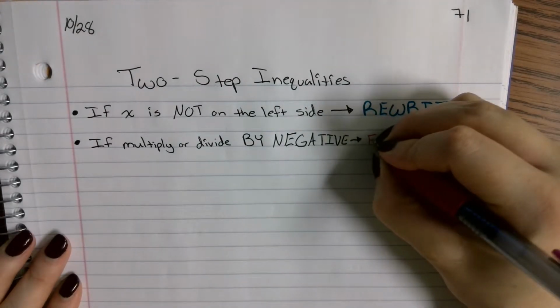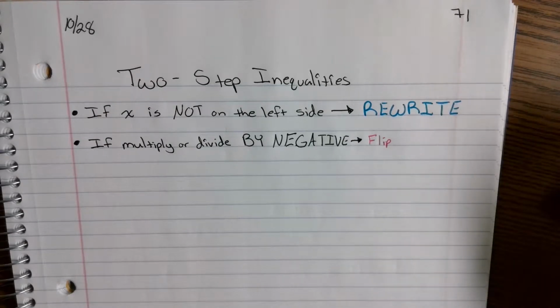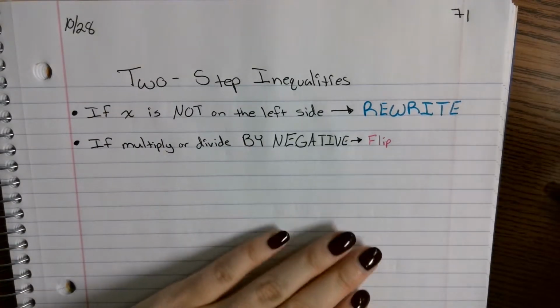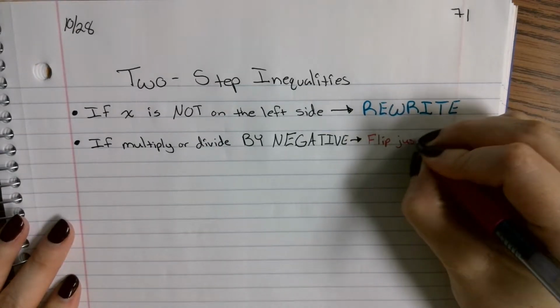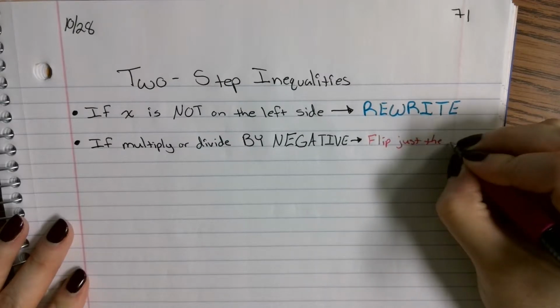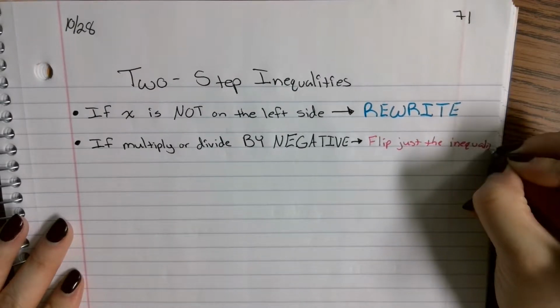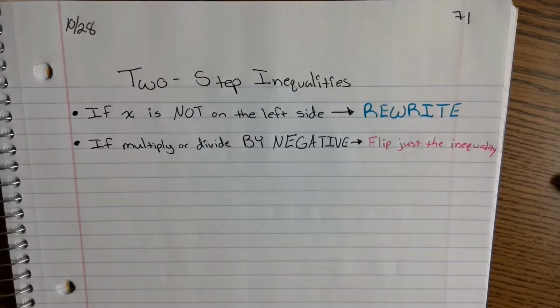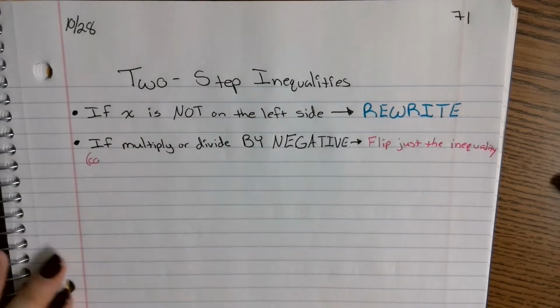Flip the what? Not the equation, not the whole thing. You're only flipping the what? The symbol. Only the symbol. Only the inequality symbol is just going to flip. Not the whole statement. It's just the inequality symbol that you're going to flip. Yep, that's what people get confused about.